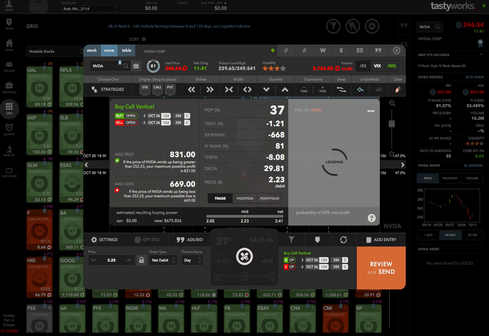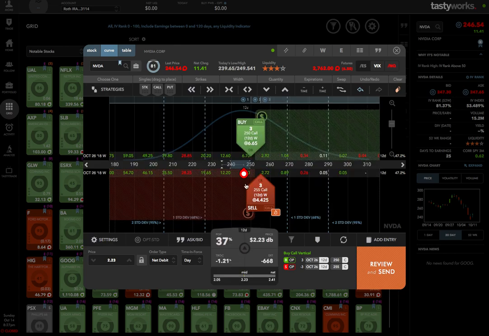That's going to cost you $675 after fees, and it'll tell you right here, estimated result of buying power, it's going to cost you $675.82. So this is a vertical call if you wanted to be bullish on the stock for 12 days, but you also wanted to limit your risk and your exposure. But you also limit your profits.